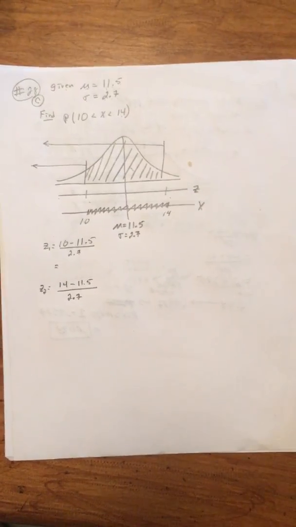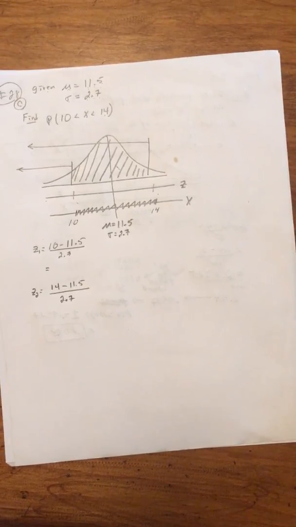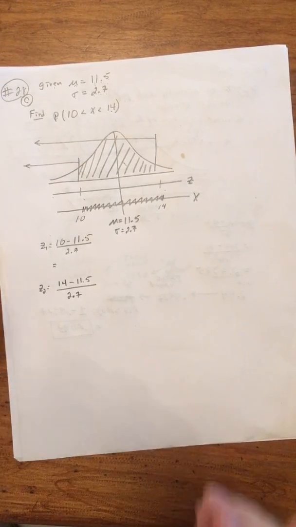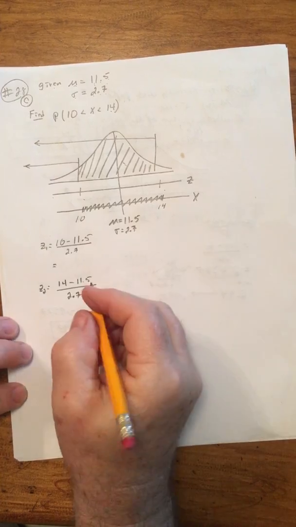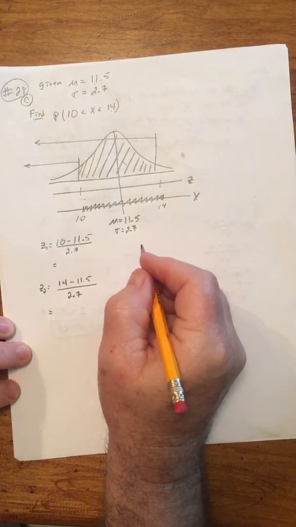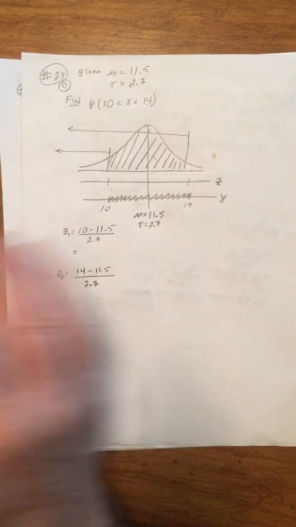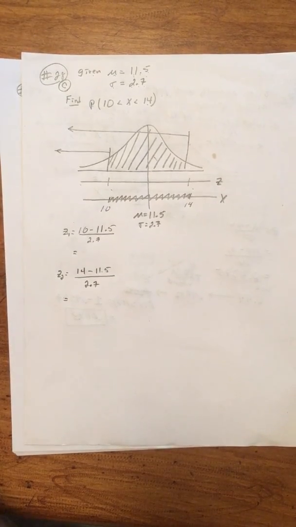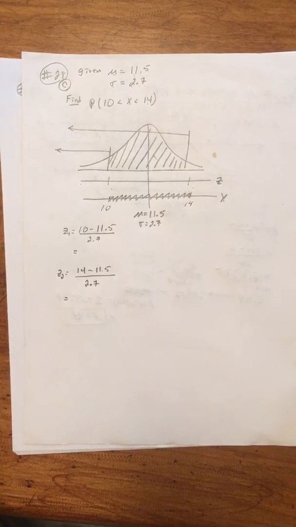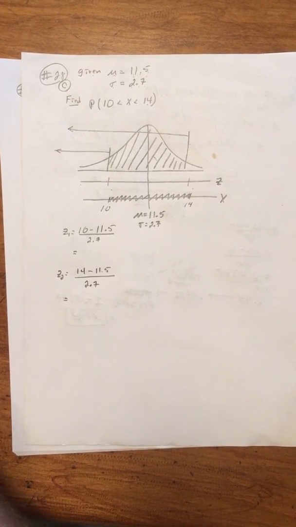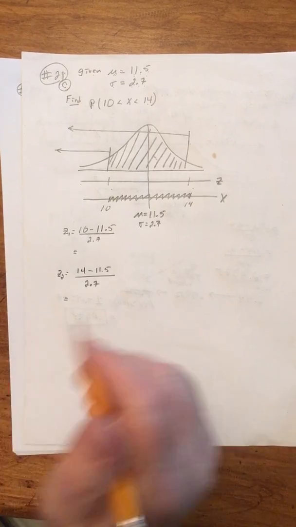I'm going to adjust this so maybe you can hear me better. Let's see. So what do we have here? I have 10 minus 11.5 and then divide that by 2.7.